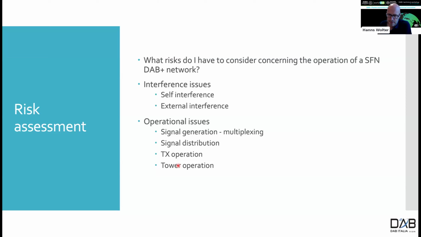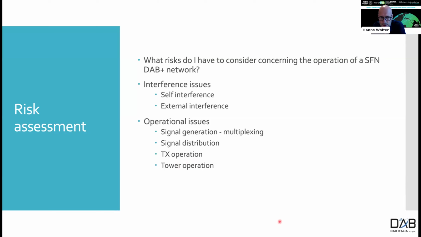Self-interference is inside the SFN. External interference can be co-channel interference, or interference from adjacent countries coming over the sea. And over the Mediterranean Sea, we see propagation effects which are incredible. We receive stations from Spain, from Africa. So there are some risks.